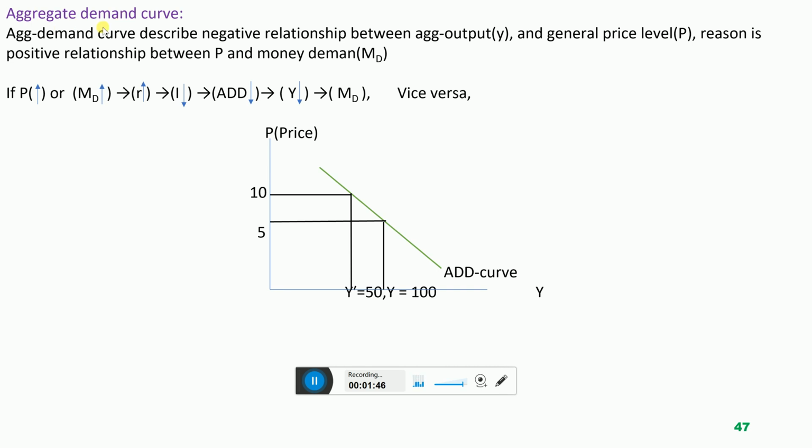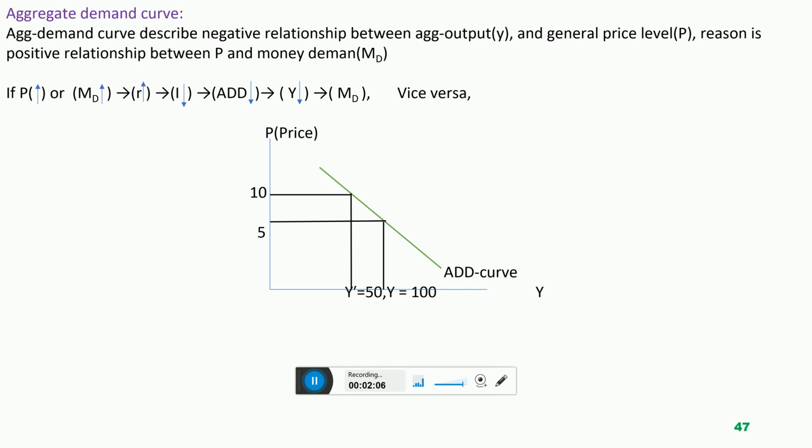So let me define what the aggregate demand curve is. The aggregate demand curve describes a negative relationship between the general price level and aggregate output of the economy.